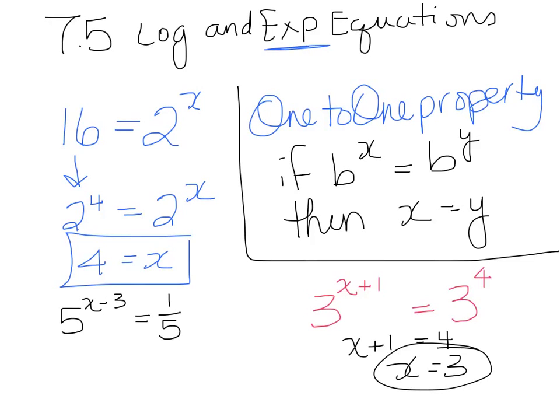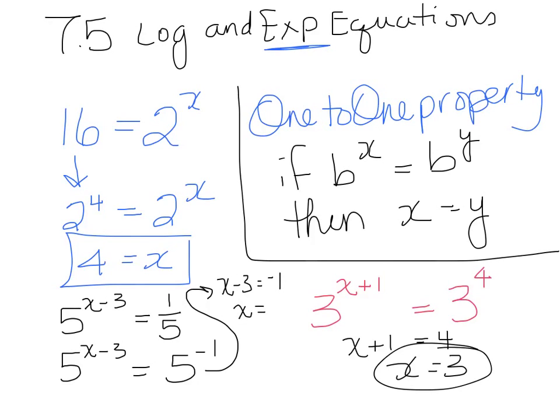What I can do, this is already in a base 5. I can write the right-hand side in a base 5 if I use a negative 1 exponent. So, therefore, x minus 3 is equal to negative 1, and adding 3 to both sides gives me x equals 2. So I'm able to solve that.